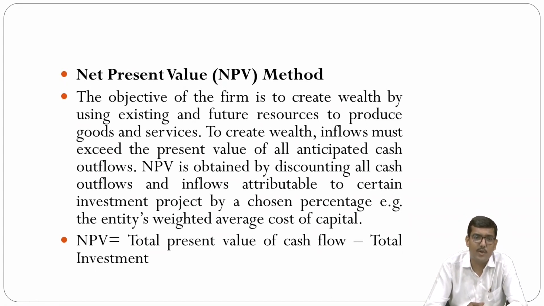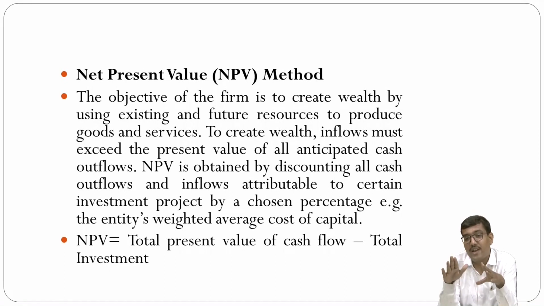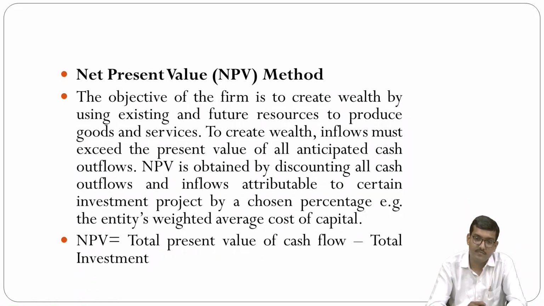The net present value is obtained by discounting all cash inflows and outflows attributable to certain investment projects by a chosen percentage, that is the entity's weighted average cost of capital. In formula terms, net present value is equal to total present value of cash flows minus total investment, or your original investment.